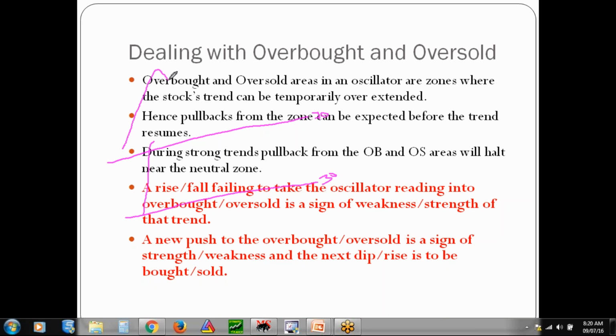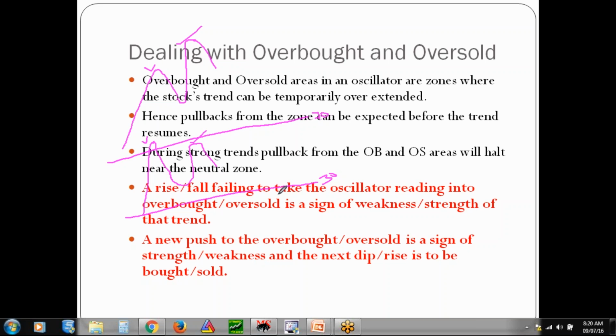Then the price falls, RSI also falls, and it halts near the neutral zone or maybe lower. Then RSI rises again with the price, and this time this price rise has failed to take the oscillator into the overbought zone again.